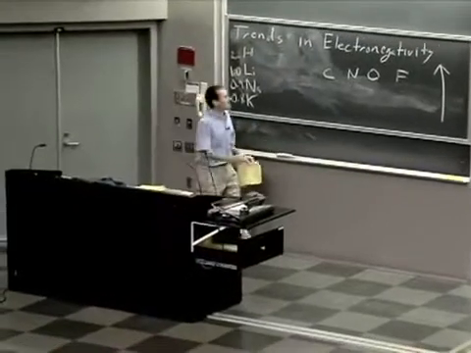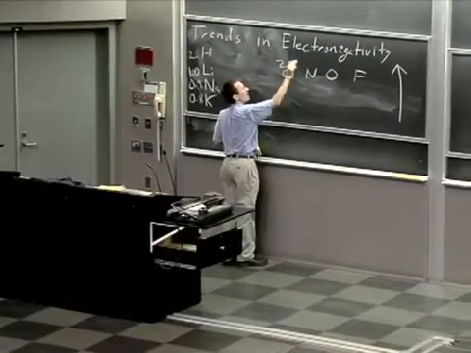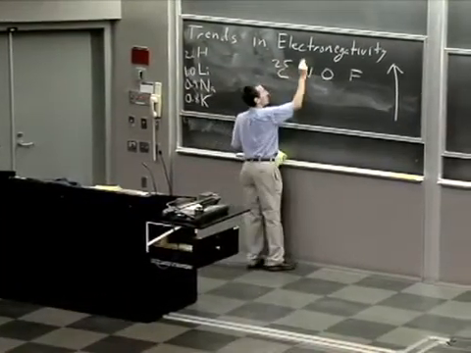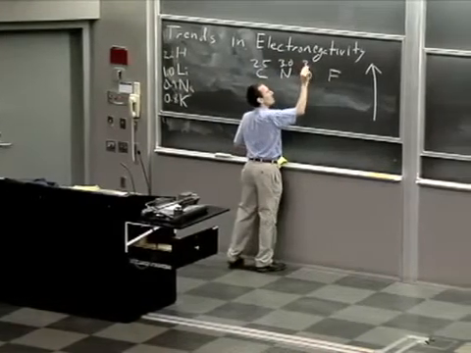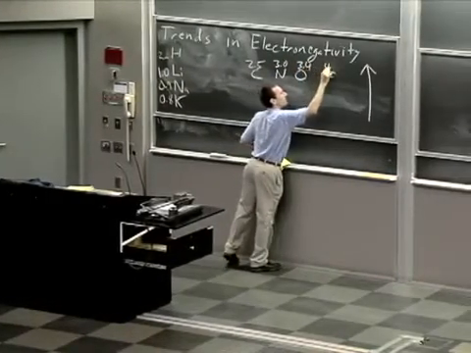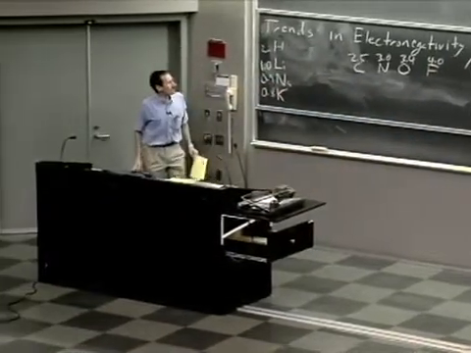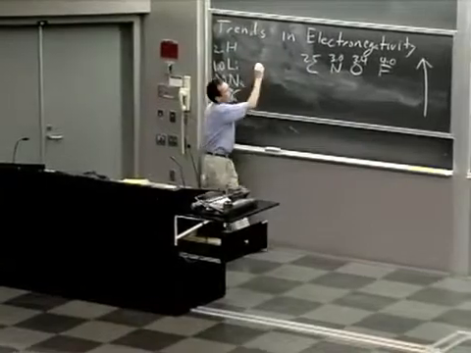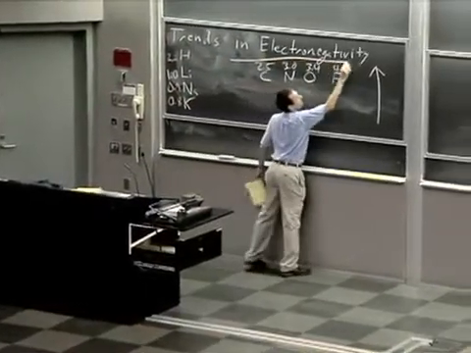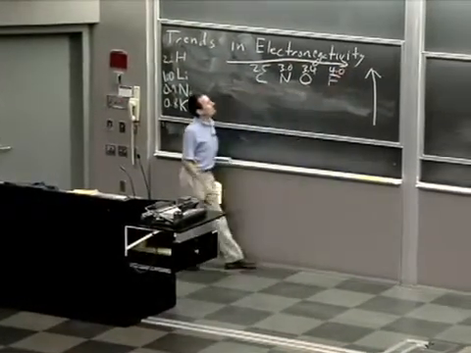Carbon, the electronegativity is 2.5. Nitrogen, it's 3.0. Oxygen, it's 3.4. And fluorine, it's 4.0. So our electronegativity increases as you go across the periodic table.